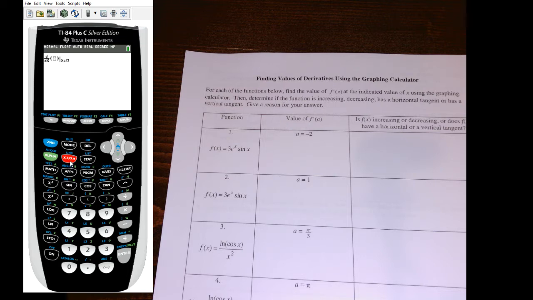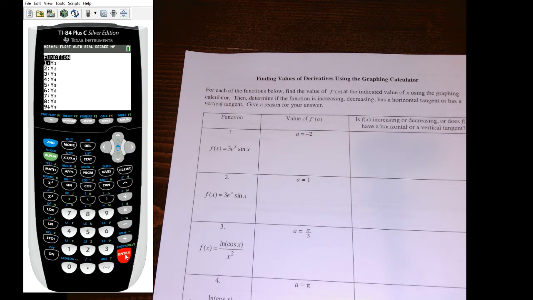The next thing is it's asking what you want to take the derivative of. This is where you're going to tell it y1. Now the way you get y1 is you use your vars key. Use vars and then your right arrow for y vars, and you want function.